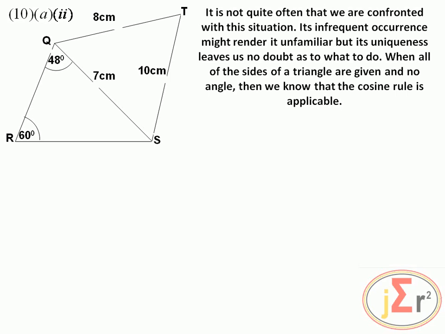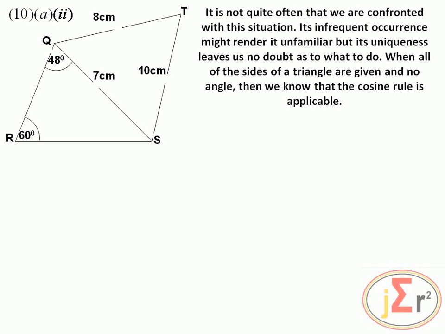We may find circumstances in which a correct application of the sine rule can give you an incorrect answer, because the cosine of an obtuse angle is negative, while the sine of an obtuse angle is positive.